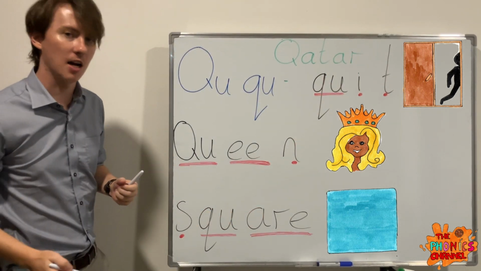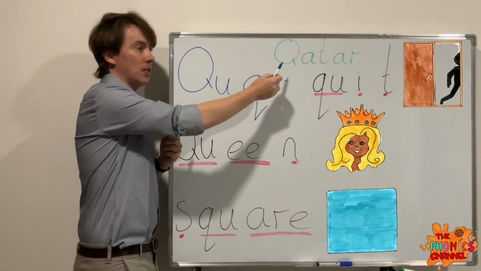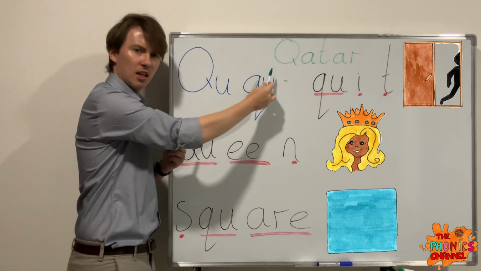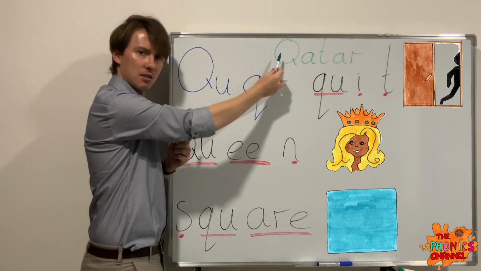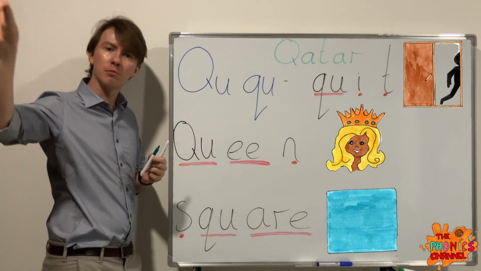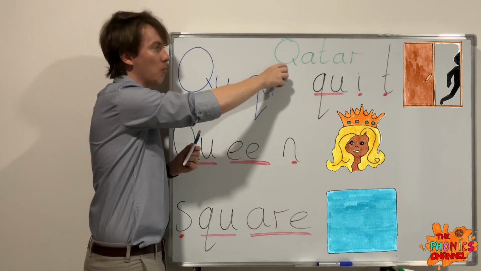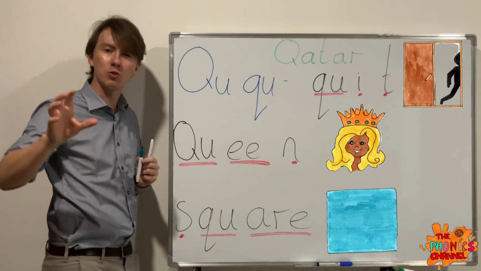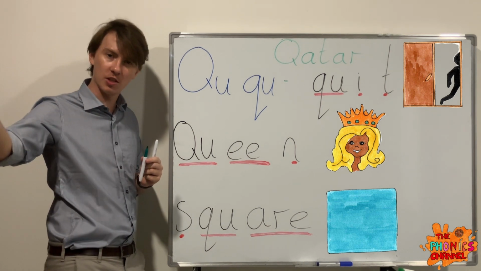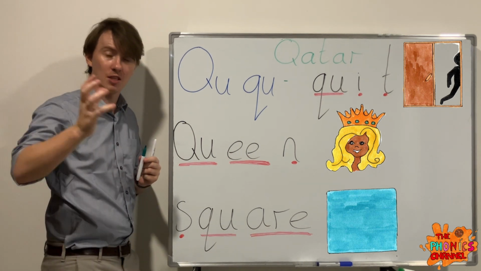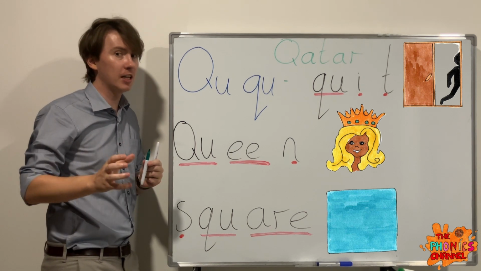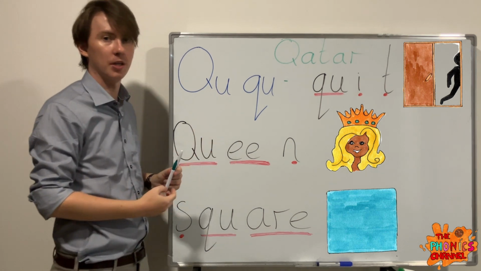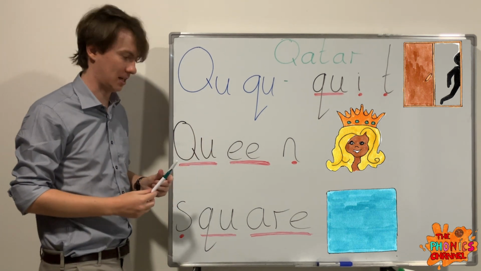Okay? Qatar. So, yes, we don't have the U with the Q here, and it kind of makes the k sound. So we can have words from other languages with just the Q letter without the U, just so you know. But those are words from other languages which have been borrowed, used in English. Every English language word with a Q has a U accompanying it to have the qu sound.